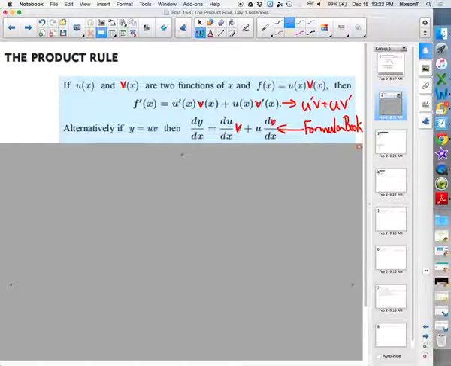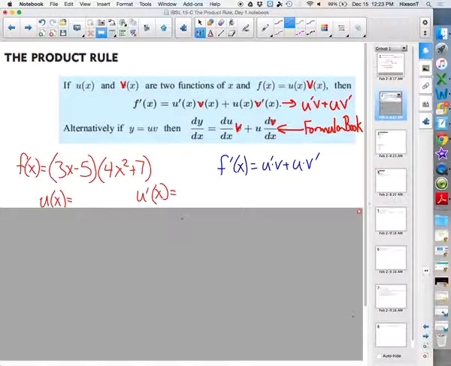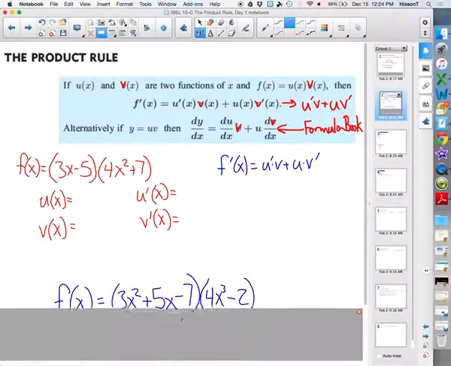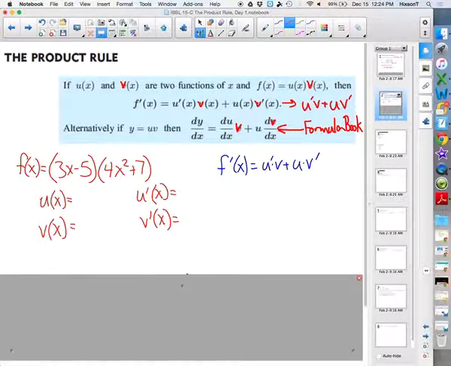So, how would this apply then to the situation we were just dealing with? Let's check this out. First of all, I need to identify the two functions that I'm multiplying. One of those is the 3x minus 5, and the second one is the 4x squared plus 7.